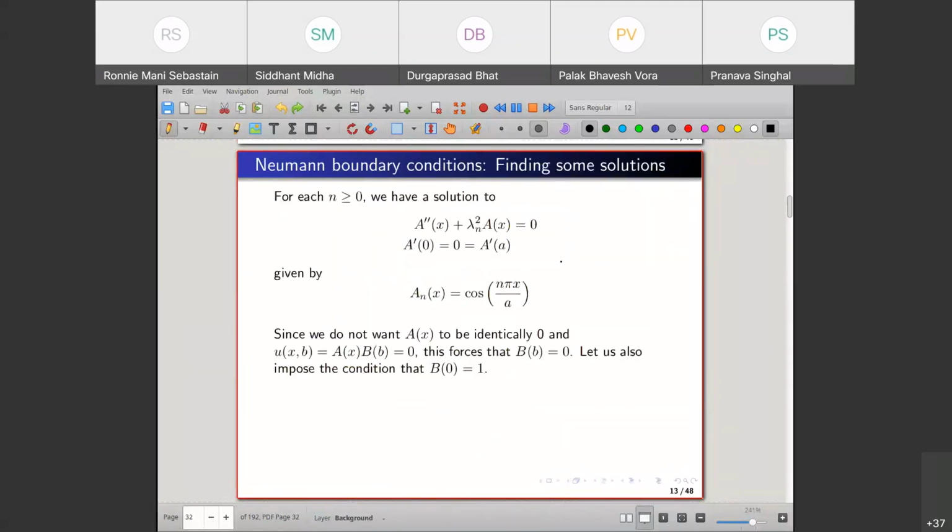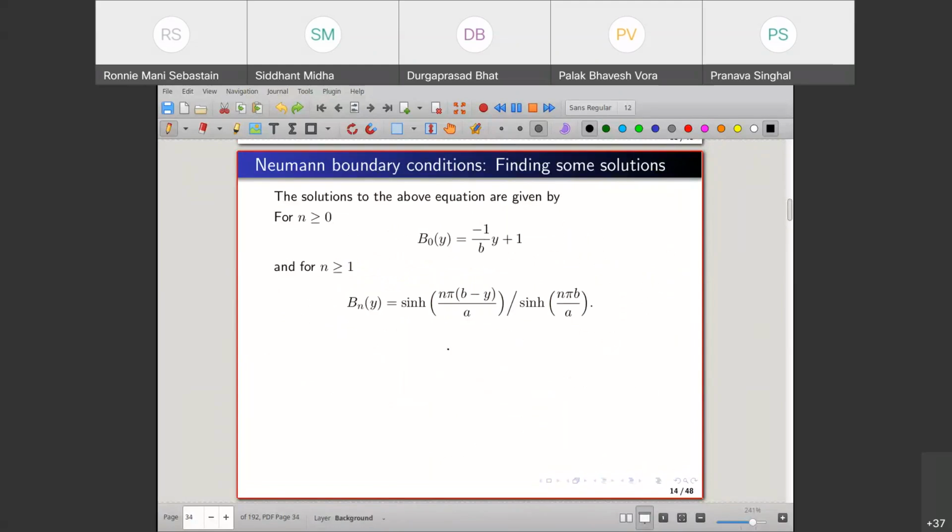And we will impose this additional condition b(0) is 1. The solution for this b n is then: b0 will be this and bn will be this.